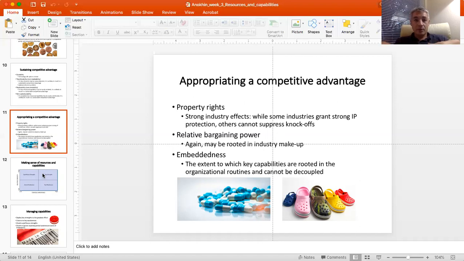And so, as a reward for those firms, the patents are extremely strong in those industries. So once you've invested the resources and developed a specific drug, you can exploit it for many, many years, right? And charge basically whatever you want.